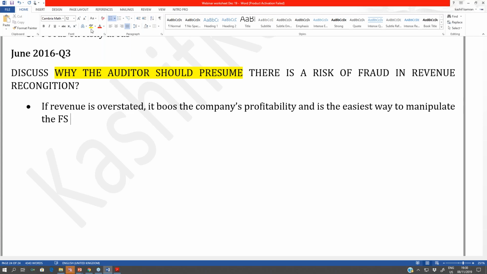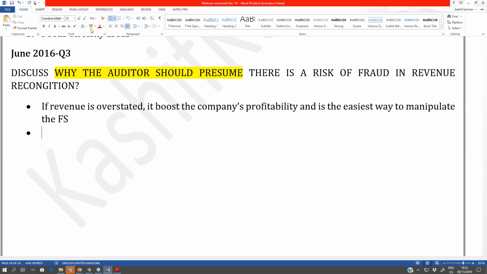So if the management manipulates the revenue, do you think there will be a trickle down effect on the profitability, on the gross profit? Is that true? So if revenue is overstated, it boosts the company's profitability and is the easiest way to manipulate. And that's why we presume there is a risk of fraud in revenue recognition.